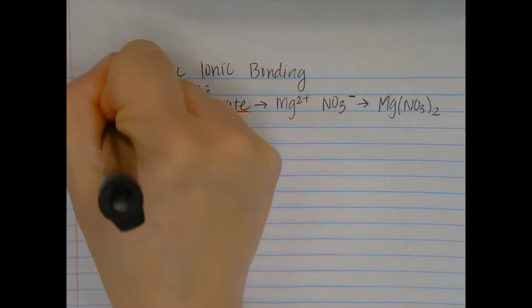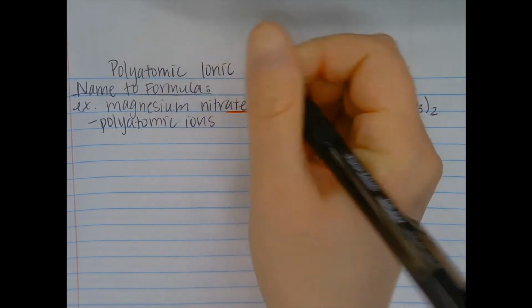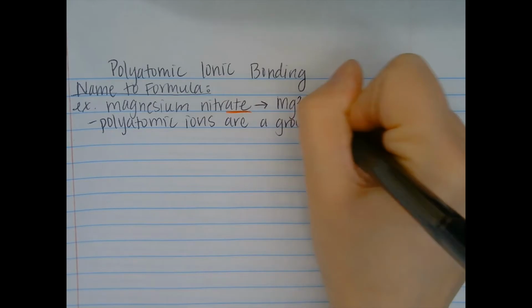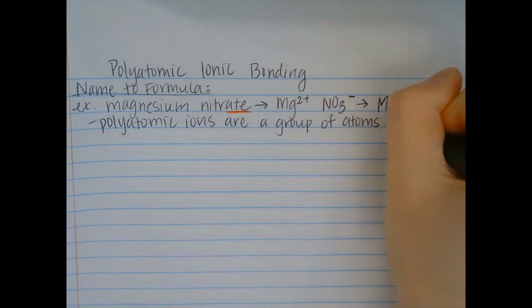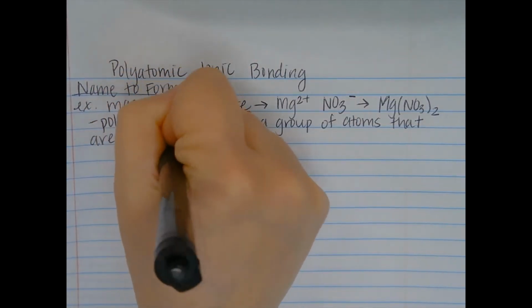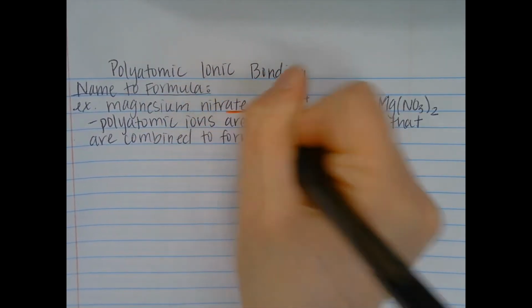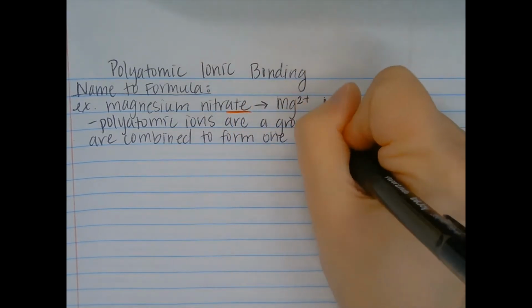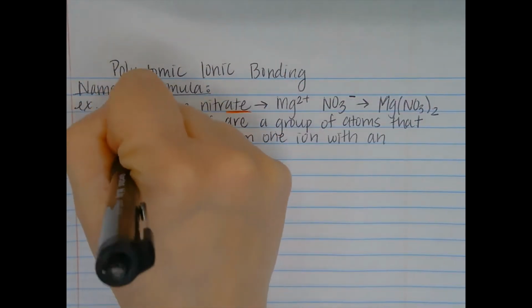So, polyatomic ions are a group of atoms that are combined to form one ion with an overall charge.